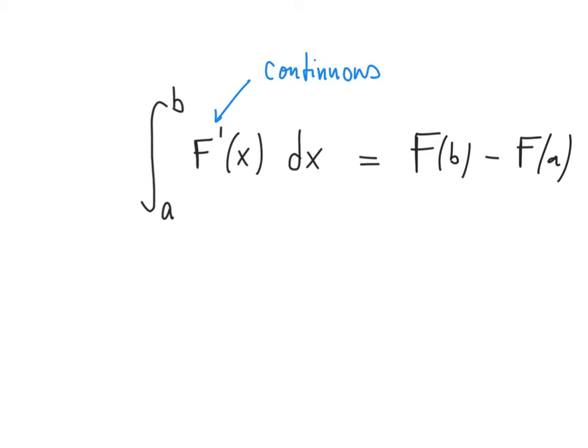So the way it's written here, it emphasizes that if I start out with the original function, take the derivative, and integrate, I get the total change of the original function back.